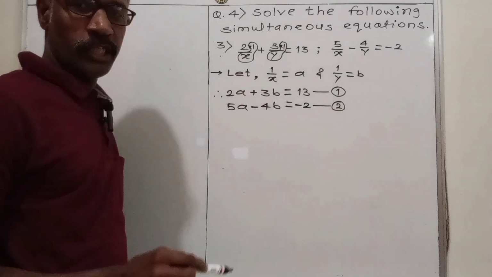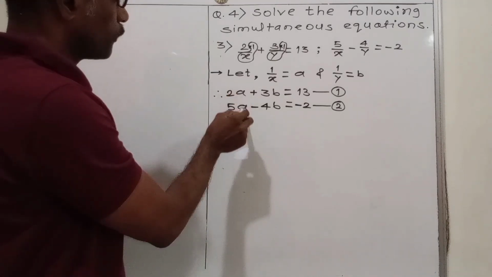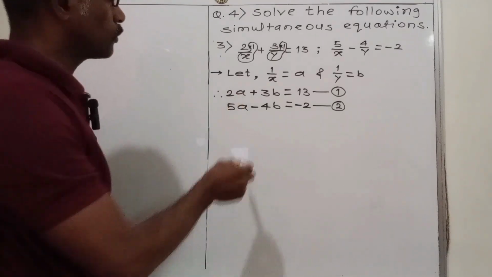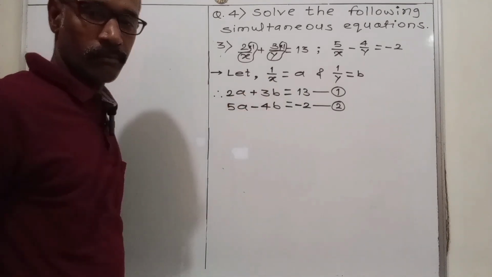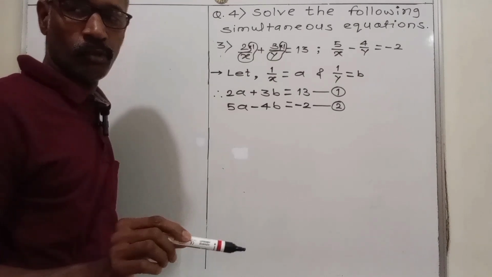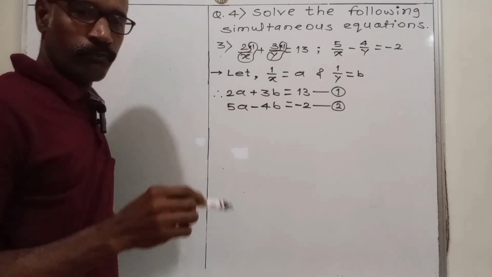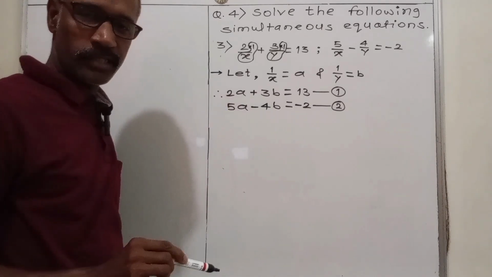Now observe these two linear equations in two variables. Coefficients of a are 2 and 5. Coefficients of b are plus 3 and minus 4, which means the coefficients are not equal. So the first criterion: observe their coefficients.